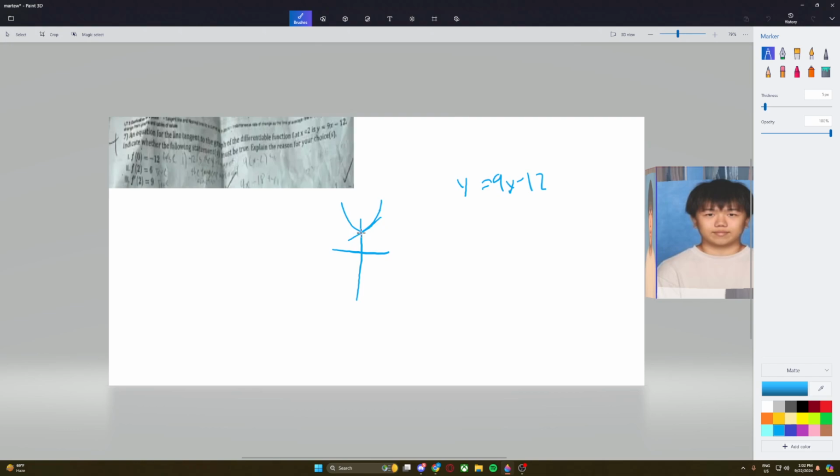So it's basically saying one line is tangent at both of these 2 points on the graph, which is probably false. One tangent line cannot be tangent to 2 points at once. It can only be tangent at that one specific point, which in this case is x equals 2. That's why it is false.